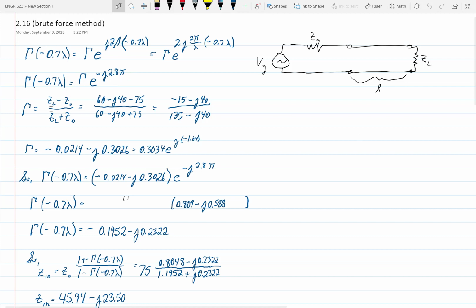Plugging in now, going ahead and calculating gamma, which, remember, this gamma alone is gamma of 0, and that's ZL minus Z0 over ZL plus Z0. And so if we do that calculation, we get this quantity, and we can put that in polar form to get this.